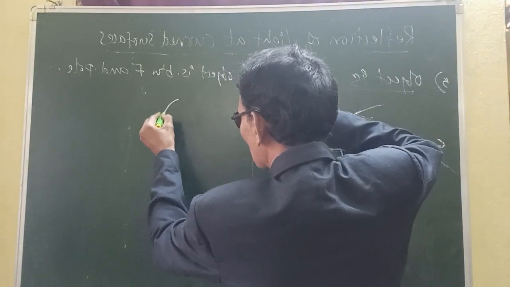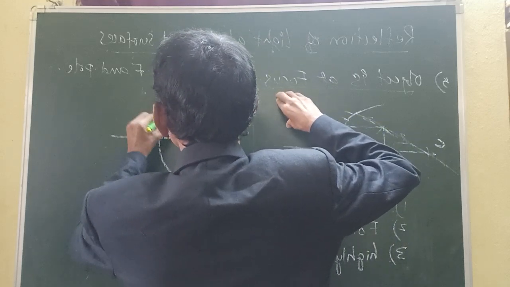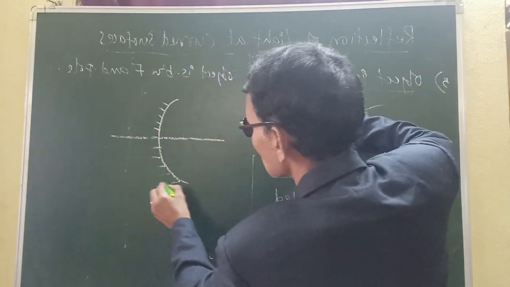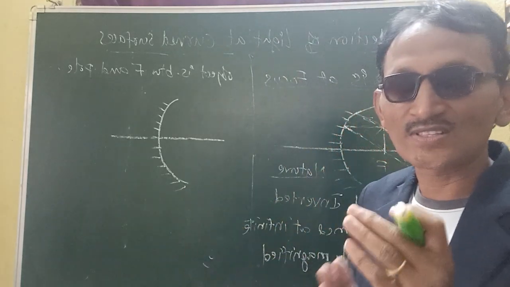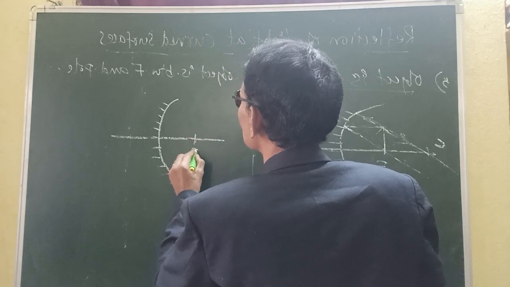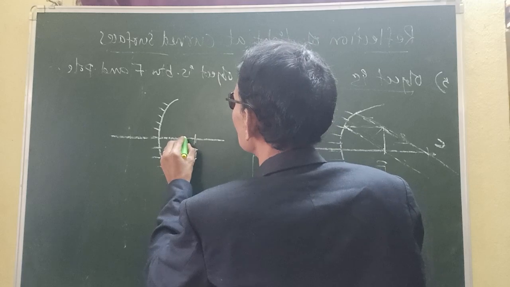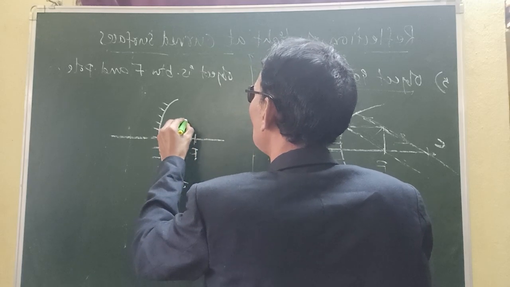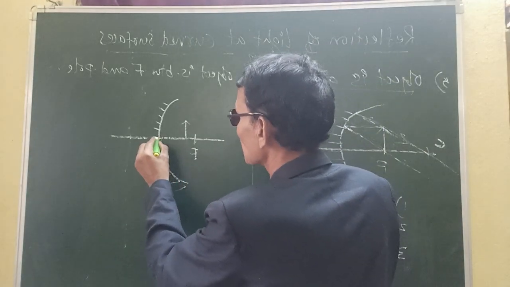So draw a curved surface, principal axis, and you see that the rough surface is outwards and the smooth surface is inward. Now take the focus, then after that you take the object between the focus and pole.